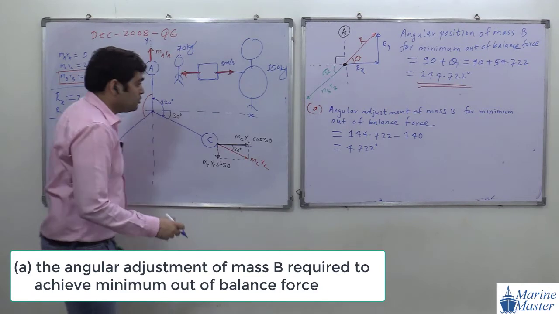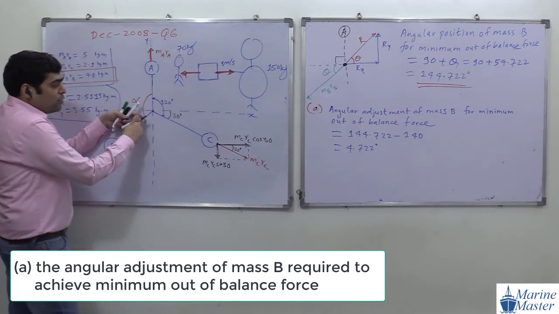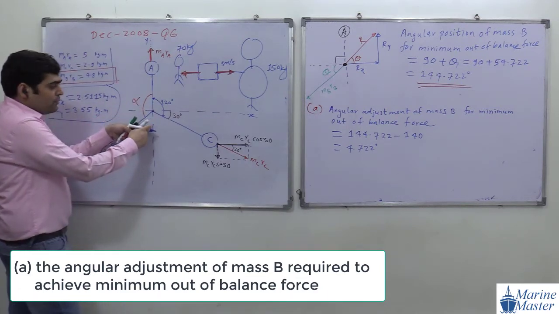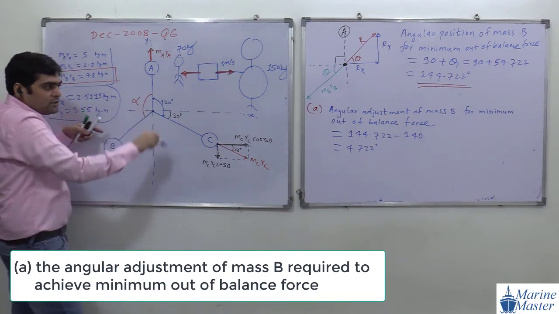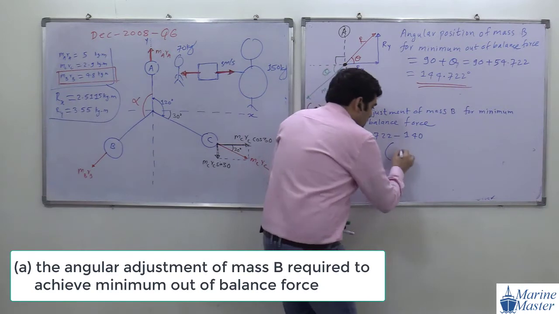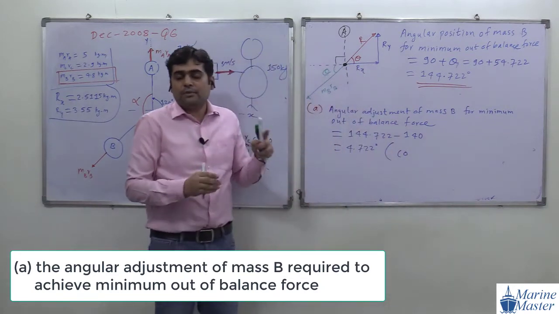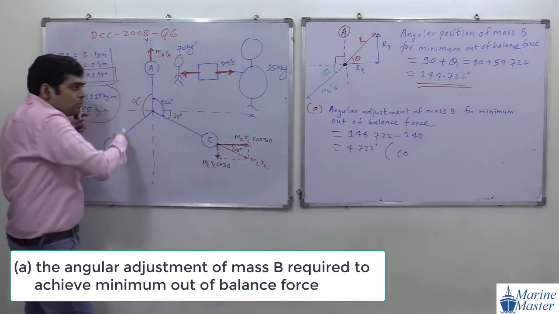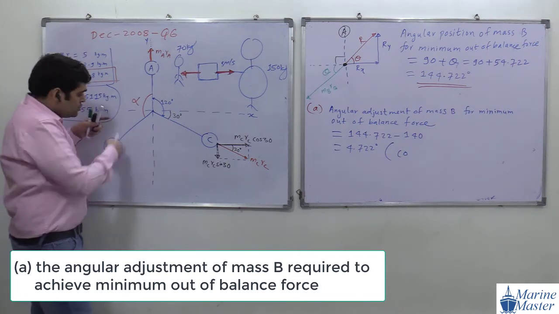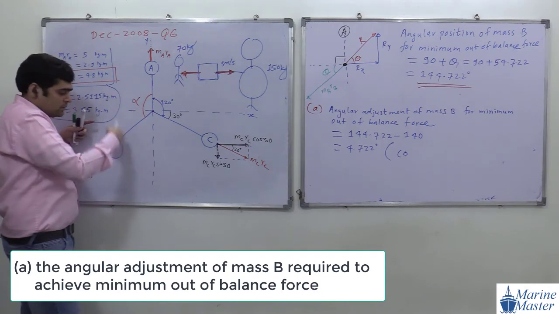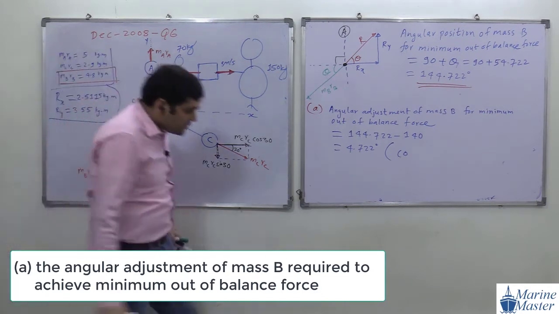In which direction do we have to move? Earlier up to this point 140, then 144.722. So we moved it in the anti-clockwise direction. Very good.